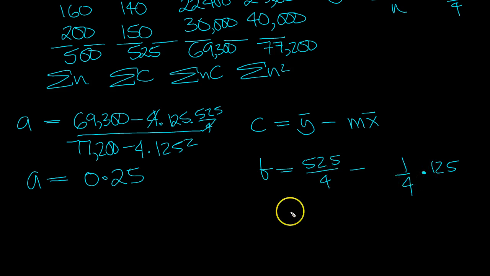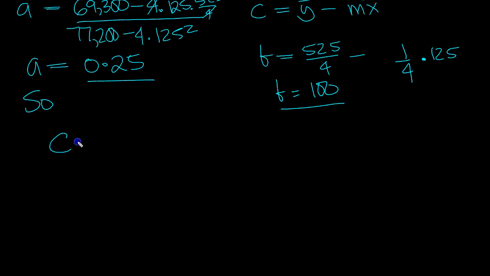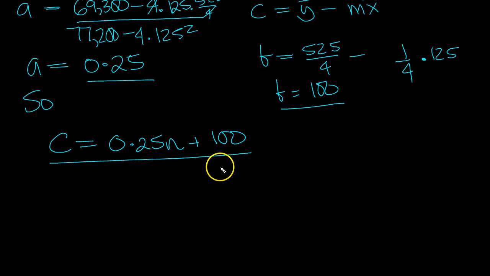So that will equal 100 when you tap it in the calculator, won't it? Because you'll get 400 over 4, which is 100. So this is a and b. So what was it? It was C equals A times n plus 100. So there's the formula then.